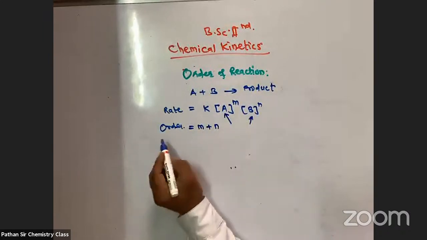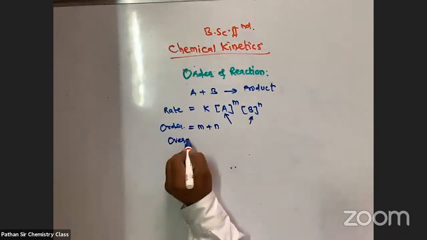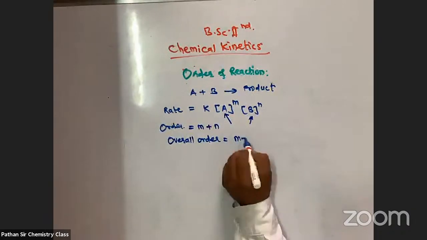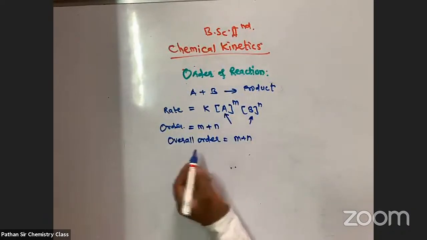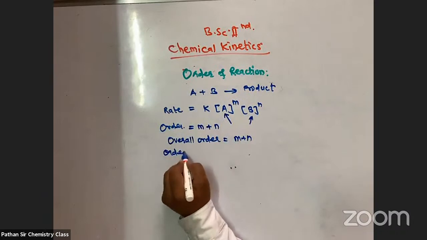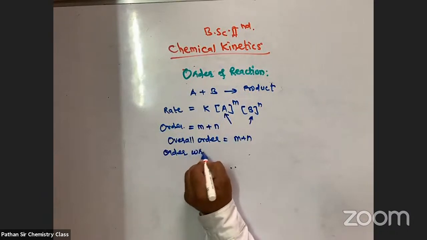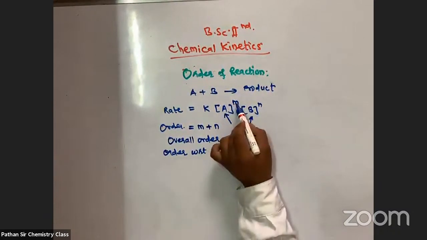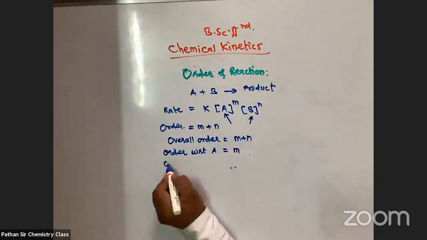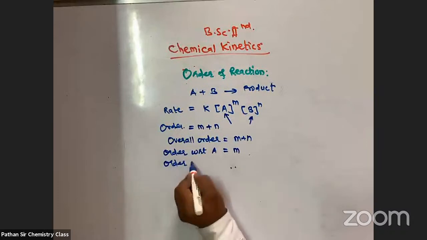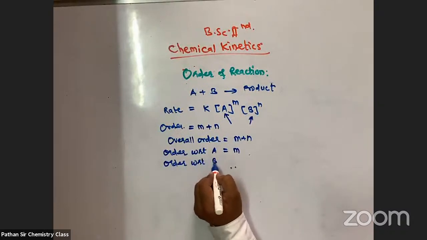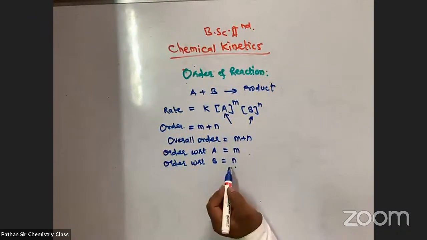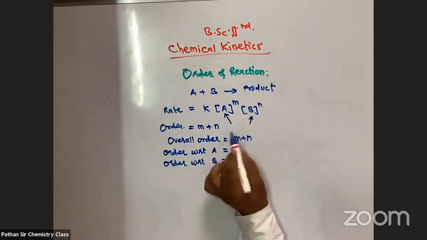So overall order is m plus n, and the order with respect to A is m, and the order with respect to B is n.